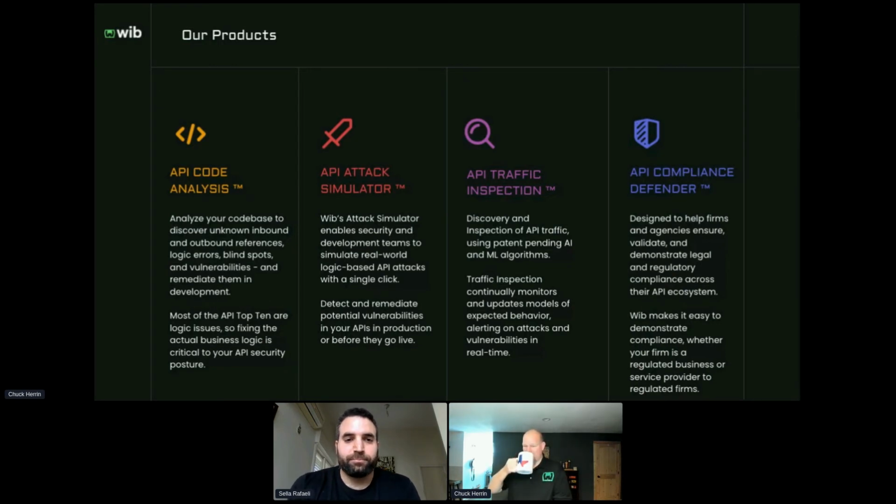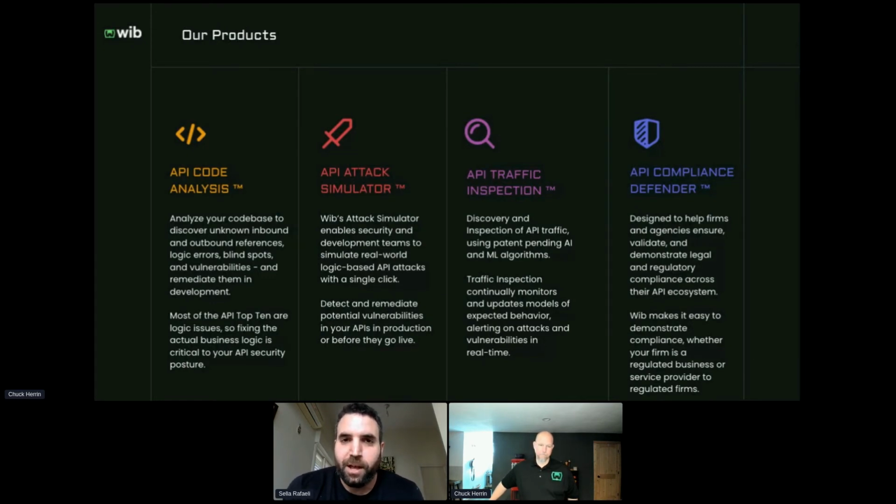I want to add that, similarly to Chuck, I too geek out over the attack simulator. My background is mostly in military cyber warfare, and my experience both there and at WIB is that it is very, very unlikely that a company with an API does not have API security vulnerabilities, and these vulnerabilities are usually of critical importance, of the type that opens a door for attackers all over the world to try to walk into the organization.